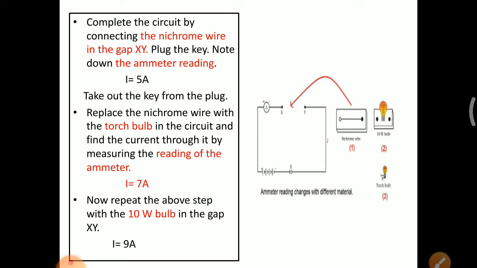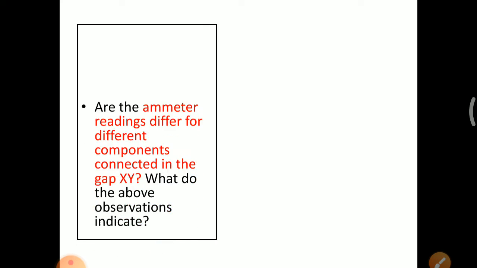From this activity we learned that the current is different for different materials. Does the ammeter reading differ for different components connected in the gap XY? What do the above observations indicate? We have clearly learned that the current is different for different materials.